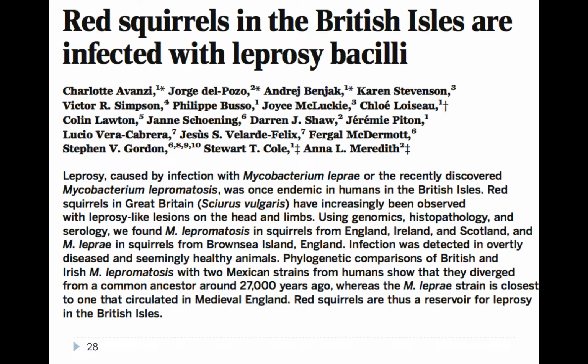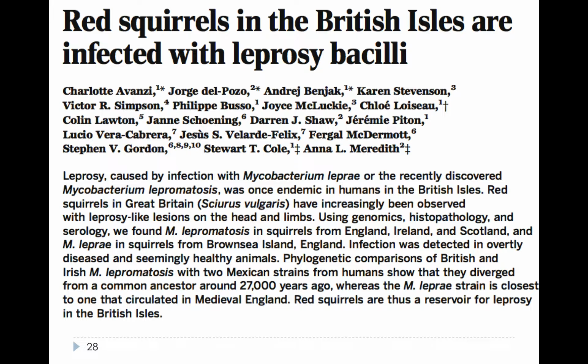And not only did they find it, they did genome sequencing. Mycobacterium lepromatosis had only been described a few years before. It turns out that it's there in squirrels in England, Ireland, and Scotland. And the original classical Mycobacterium leprae is also present in squirrels from Brownsea Island in England.